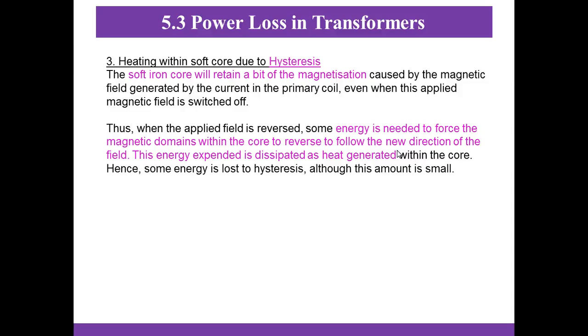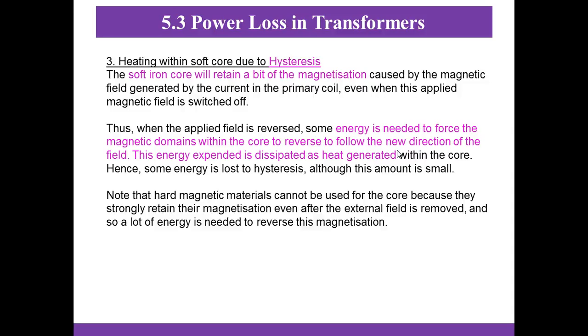To change the directions, we require a little bit of energy. And since energy is lost, there'll be some power loss in the transformer due to hysteresis. This is also a reason why we do not use a hard iron core and we only use a soft iron core, right? Because hard materials retain their magnetization very strongly even after the field is removed.